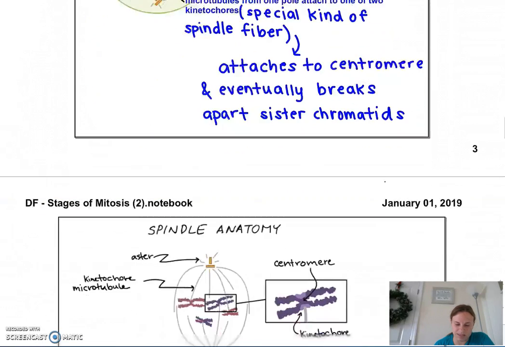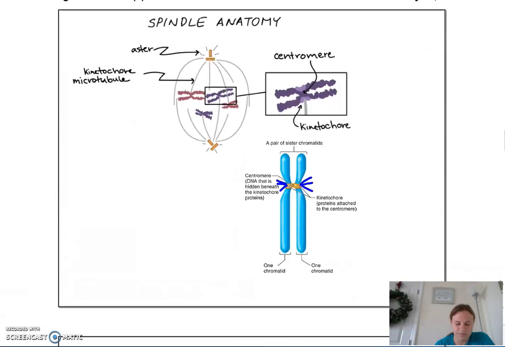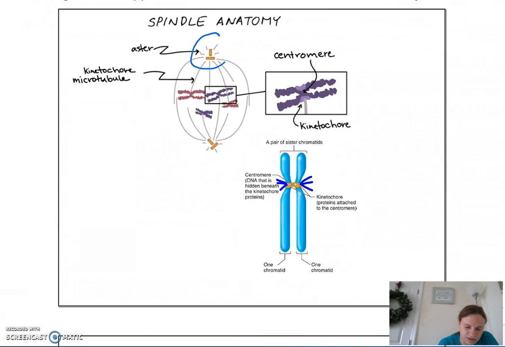So let me get into the specifics of spindle anatomy. Right, so here's the aster, the star-shaped collection of the centrioles. Here's a kinetochore microtubule. The way we know that it's a kinetochore is because it's attached at the centromere. So kinetochores are proteins attached to the centromere.